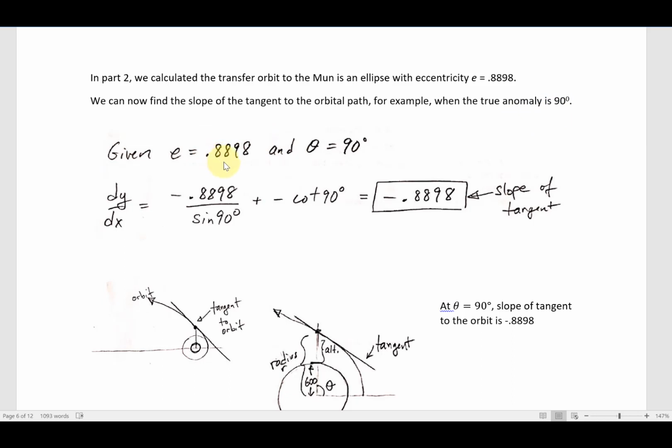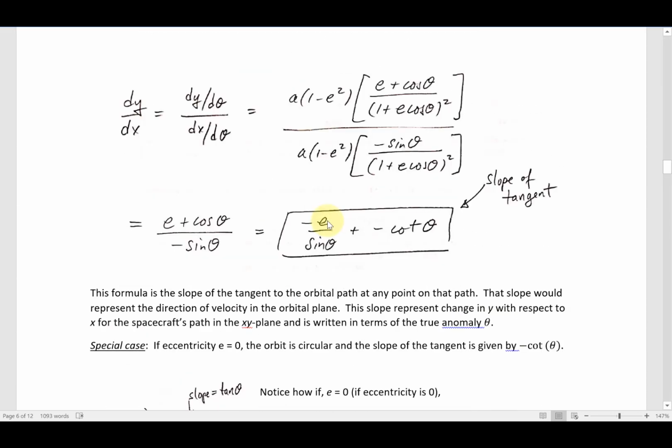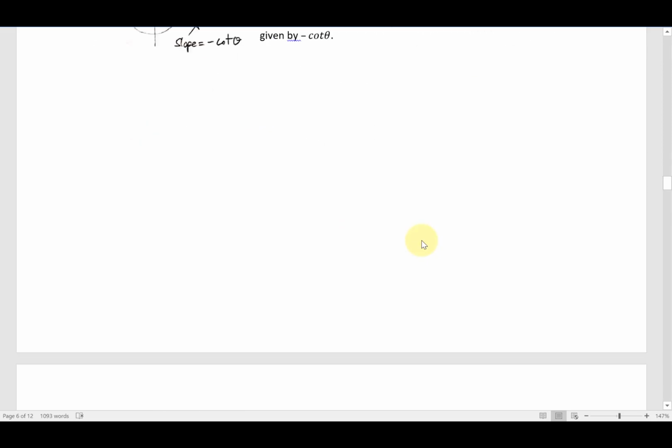So if the eccentricity is 0.8898 and the true anomaly is 90 degrees, the slope of the tangent in terms of dy over dx is minus the eccentricity over sine of 90 degrees plus minus cotangent of negative 90, right? I'm using this formula right here. Minus the eccentricity over sine theta minus negative cotangent theta.